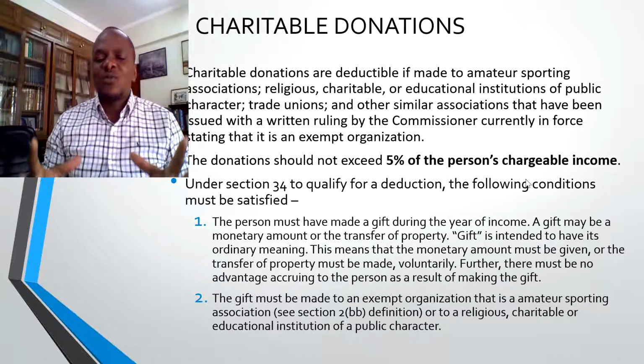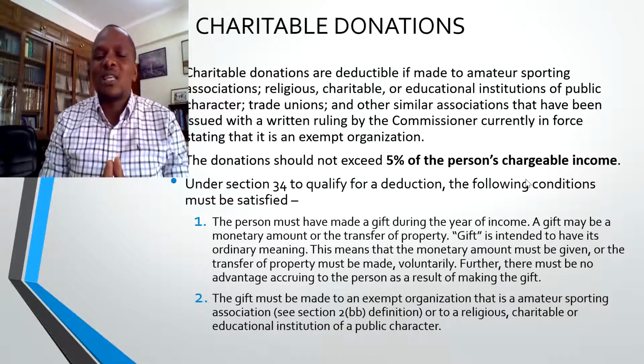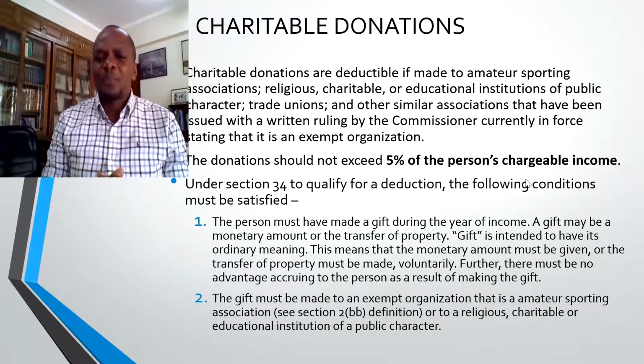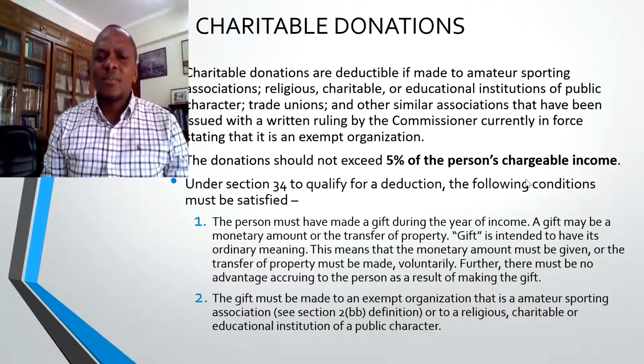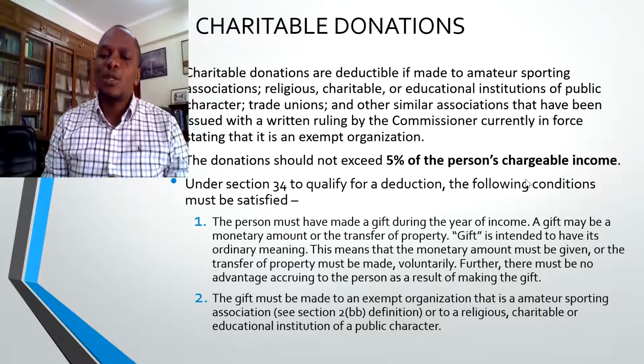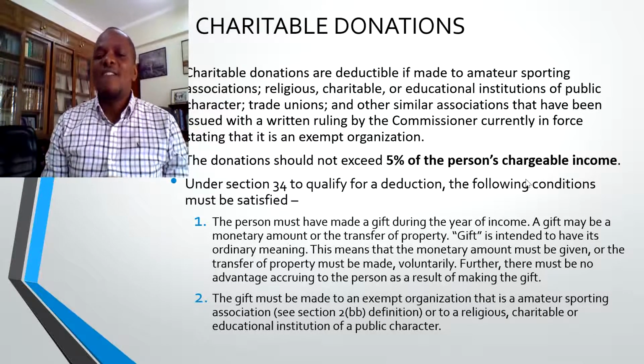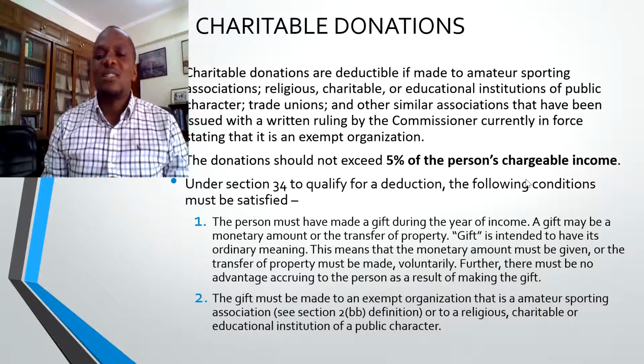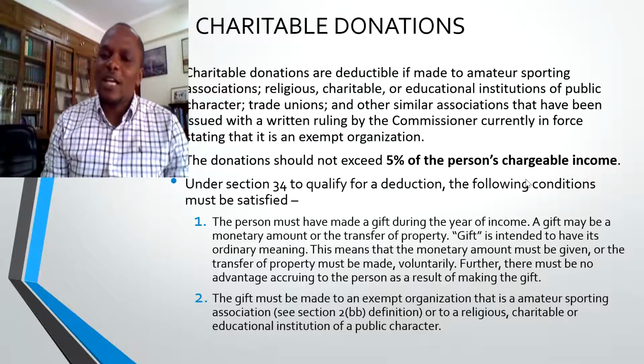So that is a classification of the different organizations that can get donations, and they are allowed as a deduction. Please note that the donation should not exceed 5% of the person's chargeable income. You know the definition of chargeable income.